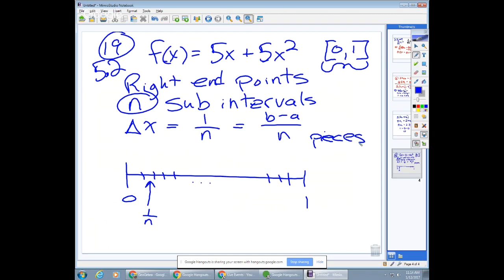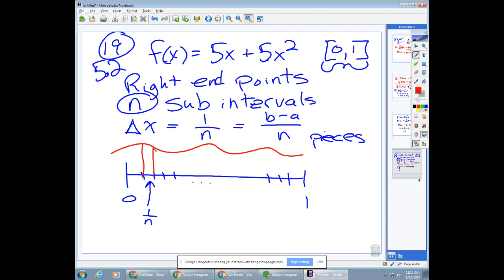Okay. The next trick is then to decide, okay, I have some curve floating through here, right? So let's just have this fictitious curve floating through. I'm going to be making these rectangles. I have to decide how high the rectangle is going to be. Okay. Well, the function determines the height.